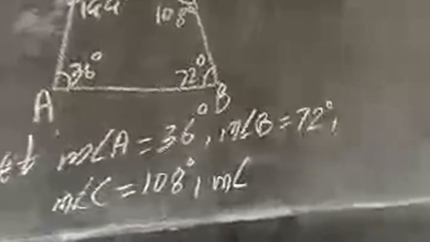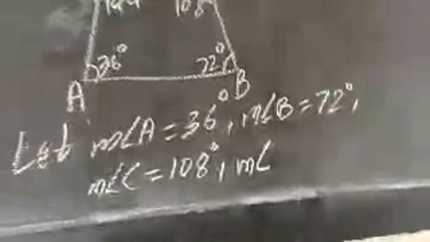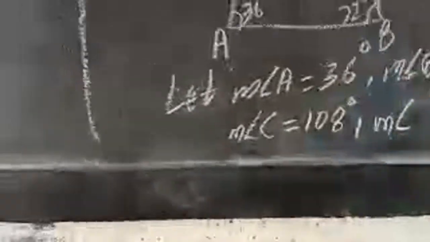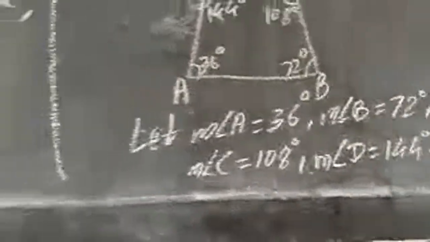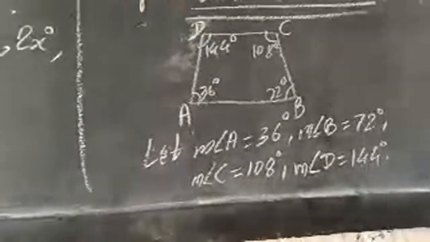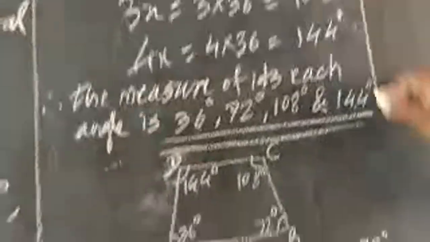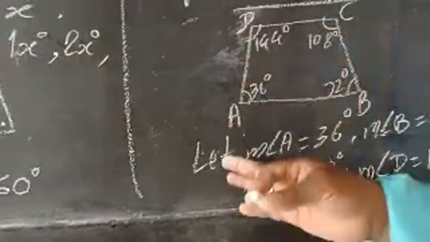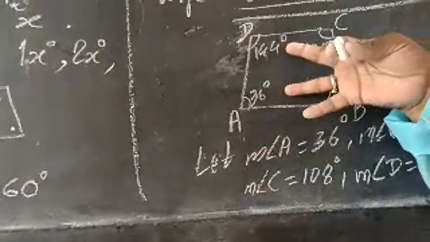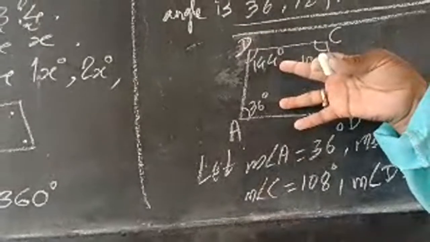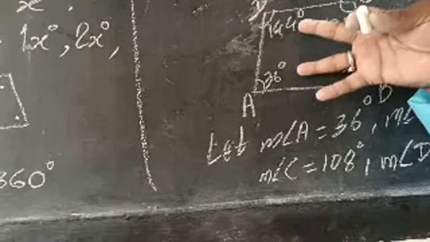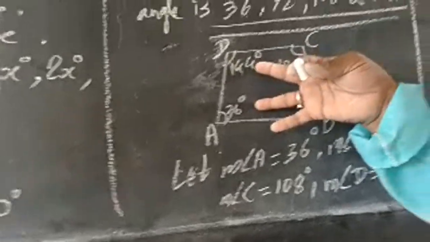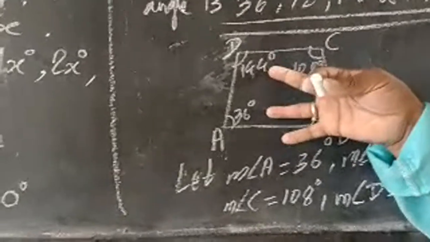Measure of angle D is 144 degrees. Then we consider AD as the transversal. A and D are which type of angles? Interior angles, and interior angles are supplementary.